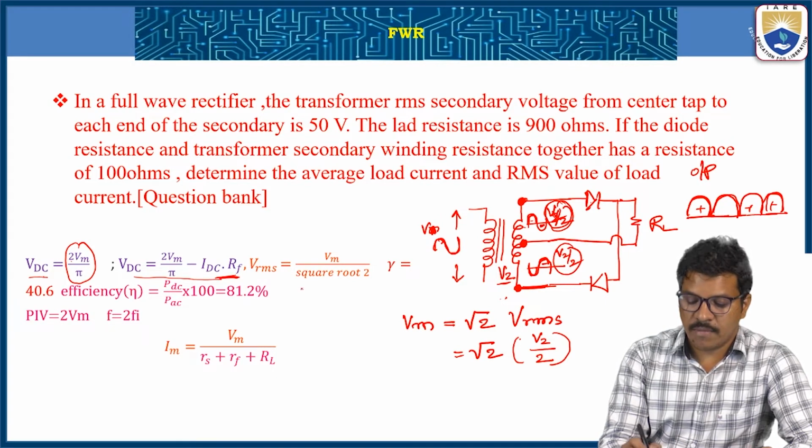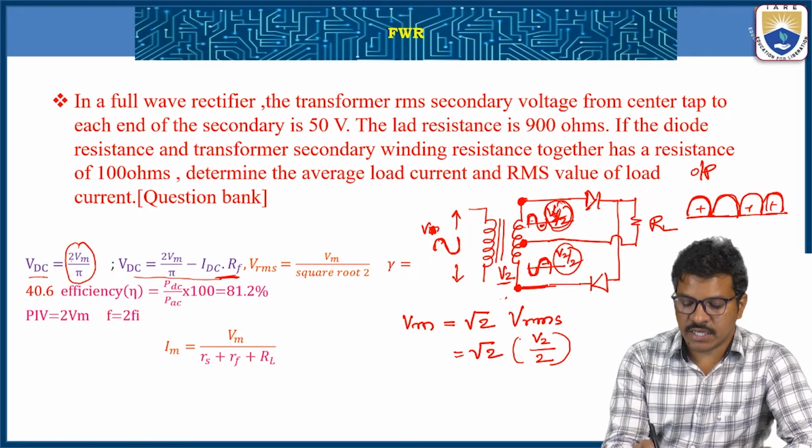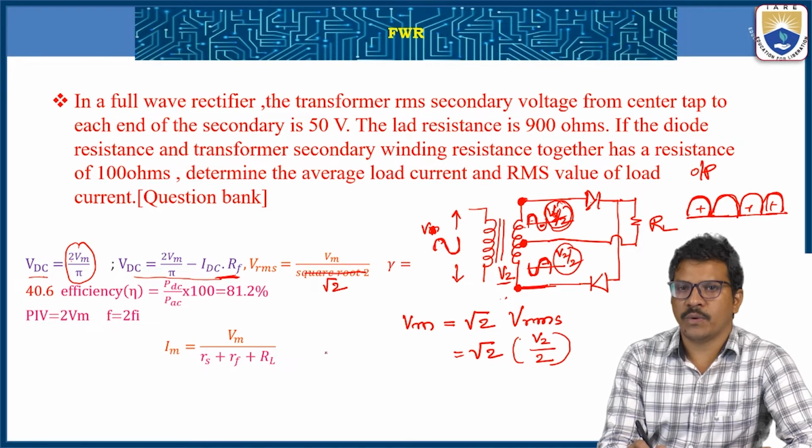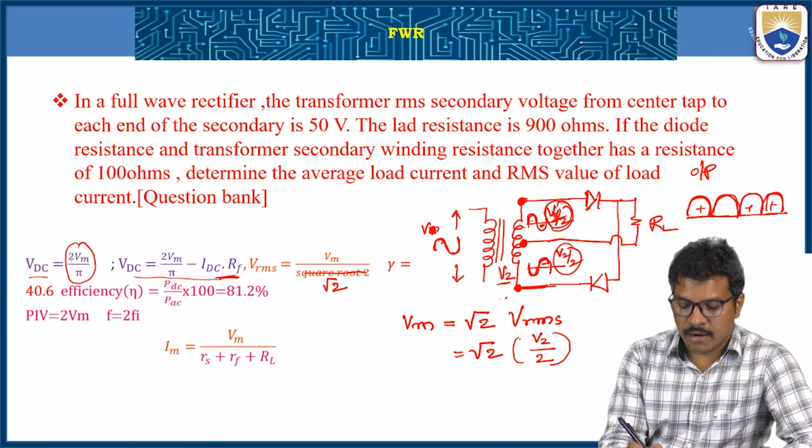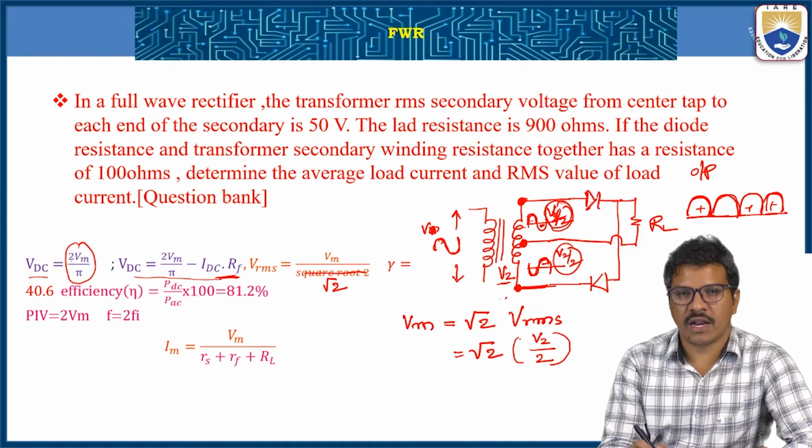And VRMS, basically, VDC is 2Vm by pi, VRMS is nothing but Vm by root 2. So we'll take that Vm by root 2. And ripple factor is VRMS by VDC, or square root of (VRMS by VDC) whole square minus 1.